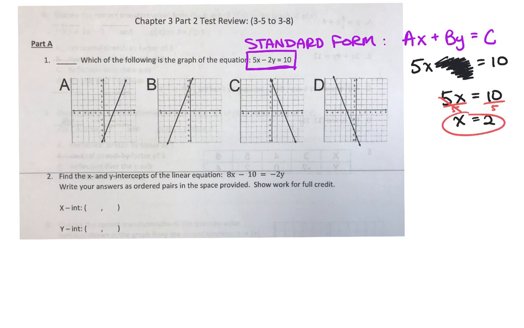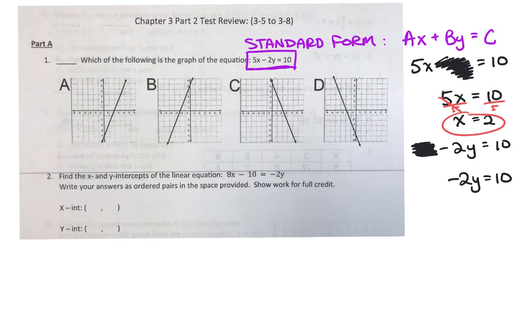So I know that I have an x-intercept of 2, and let's get that same equation, 5x minus 2y equals 10, and let's find the y-intercept. So this time I'm going to ignore x. So this x term, we're going to pretend that you don't exist, and it says negative 2y equals 10.